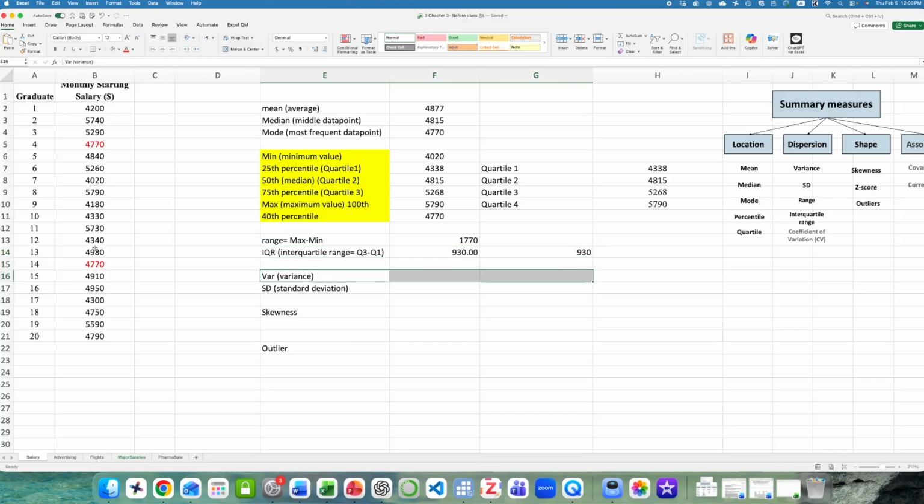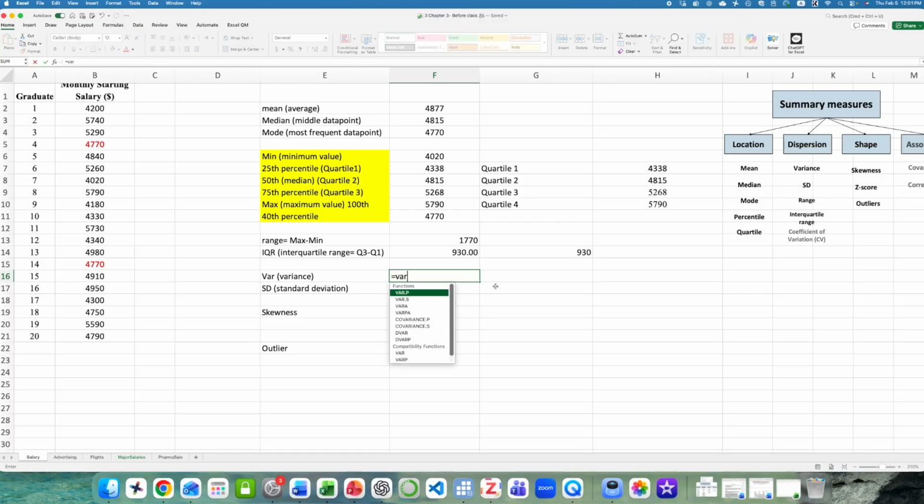Next measure is variance. Variance is the average squared difference from the mean. We want to know how far the data are, or how close the data are, to the mean. Let's calculate it in Excel. We go with variance. There are two options: variance of the population when you have all the data about the population, or variance of the sample.